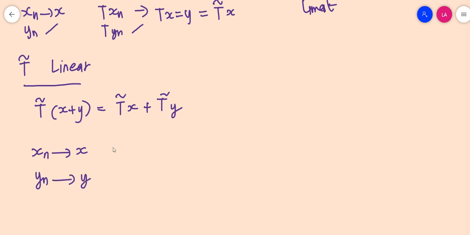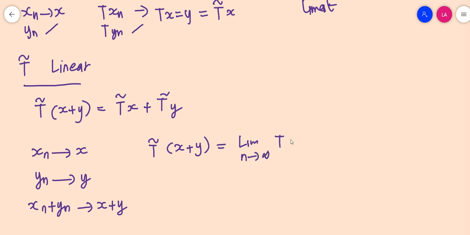So xn plus yn is a sequence which converges to x plus y. So T tilde of x plus y is the limit as n tends to infinity of T of xn plus yn. That's how we have defined it.